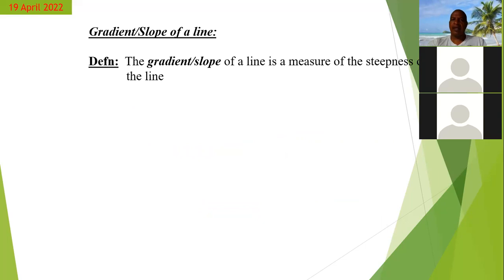Now, the gradient or slope. Slope is another word that we use instead of gradient, but they mean the same thing. If we are finding the gradient, we are really measuring the steepness of a line. Now, if you have a line and it is just horizontal on the ground, what would be the steepness of that line?